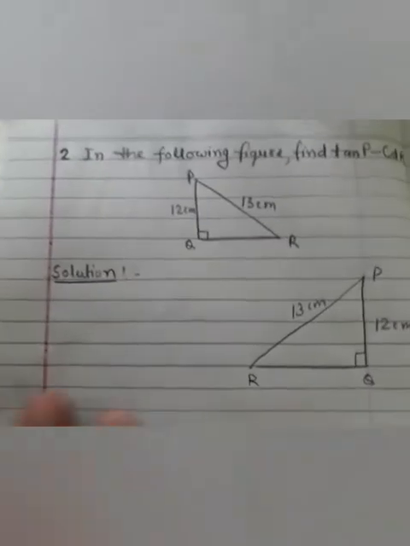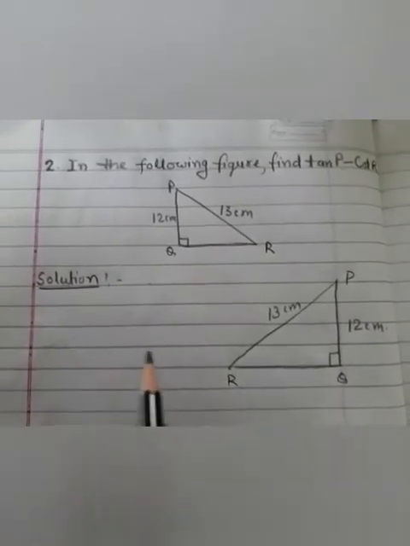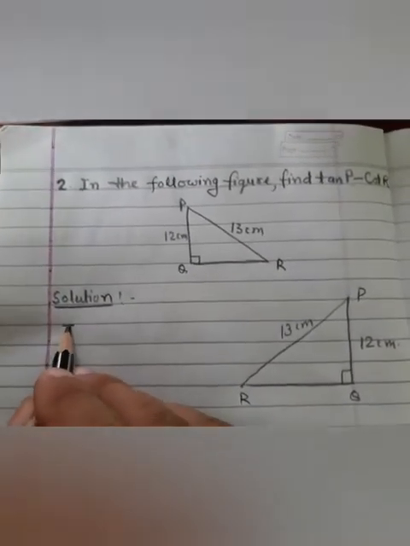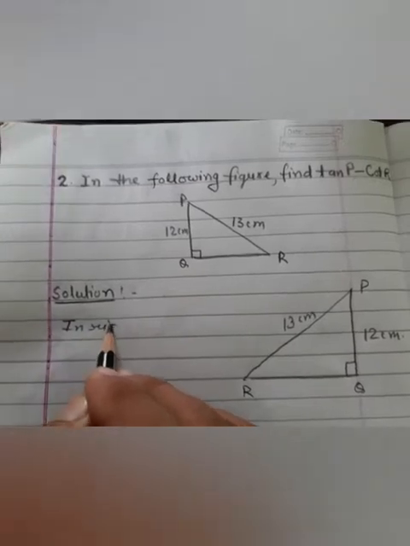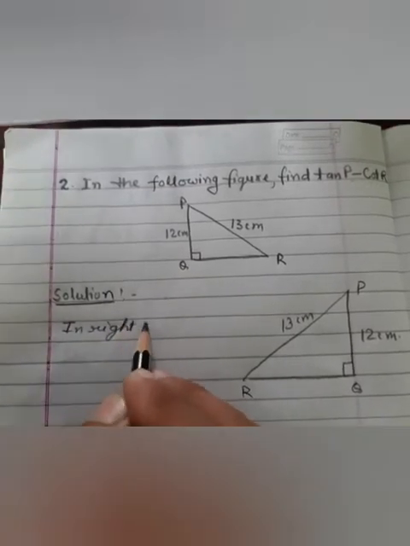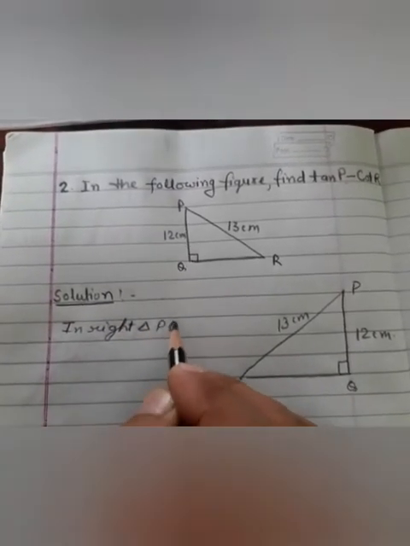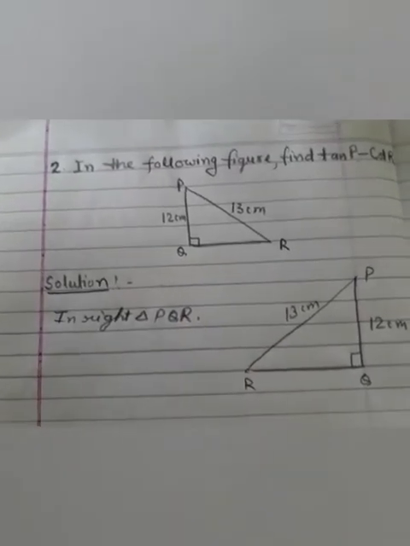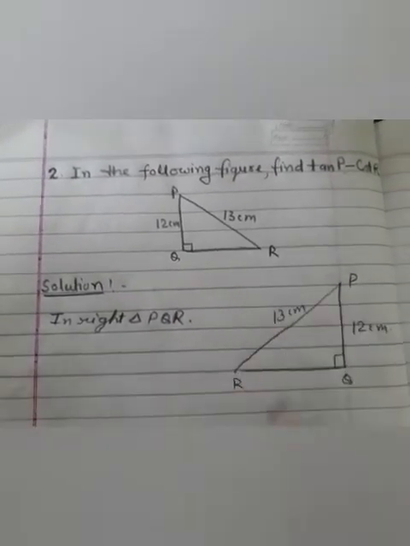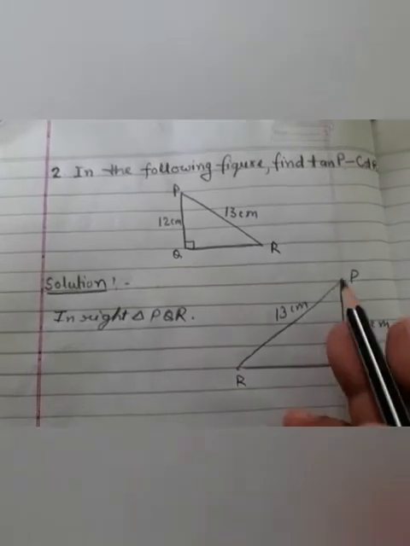Clear? Now in right triangle PQR, use here the Pythagoras theorem. Right angle triangle.